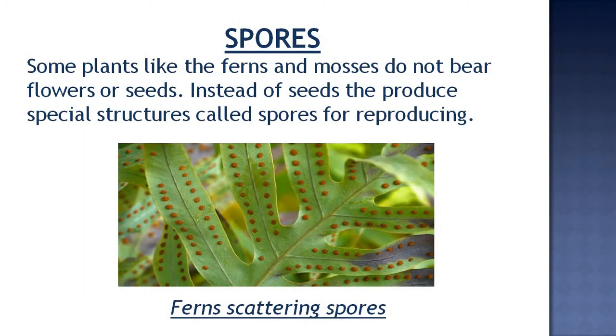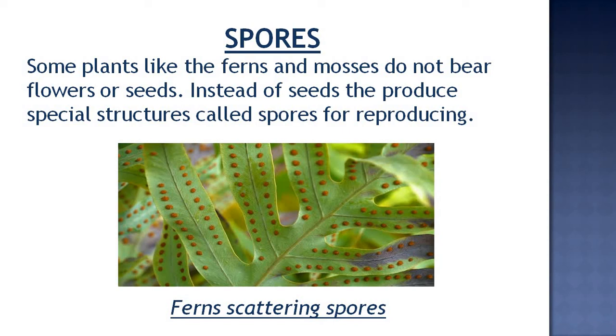Next is spore. Some plants like fern and mosses do not bear flowers. They don't have flowers, they don't have seeds. Instead of seeds, the leaves of these plants produce some seed-like structure. Means they do not actually have any seed. The lower surface of the leaf produces some small particles that are called spores.